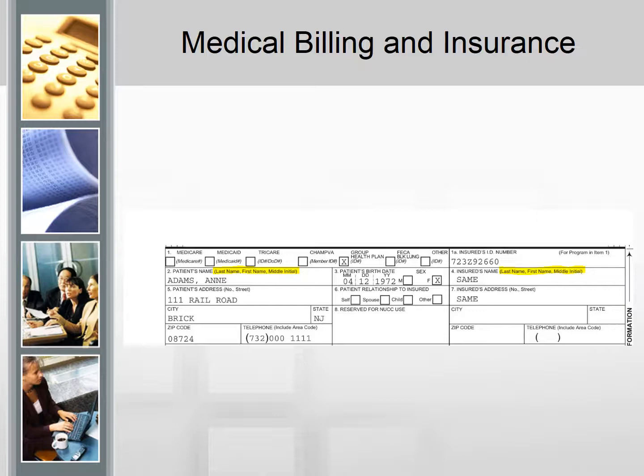So the month 04, day 12, year 1972, and then we have the F box X'd to indicate that she's a female. And in block 4, it's asking us what the insured's name is. So if you look back on the case study form, it says relationship to patient, self. So that means that Ann Adams is also the policyholder of the primary insurance plan.